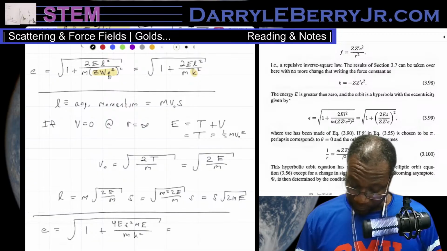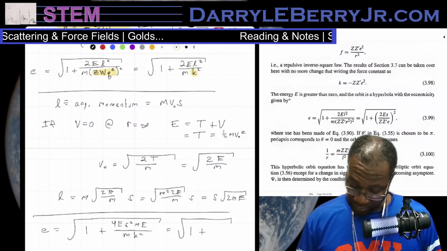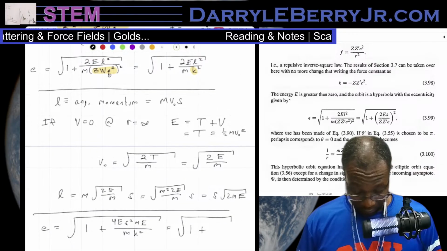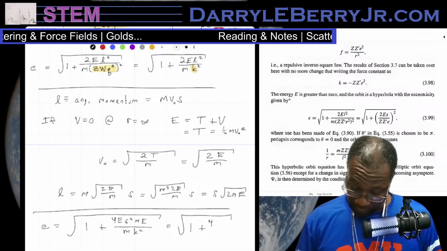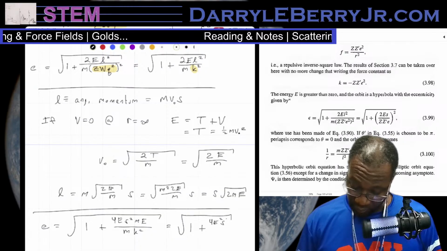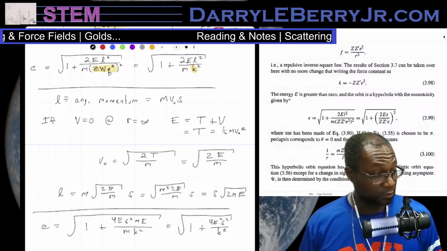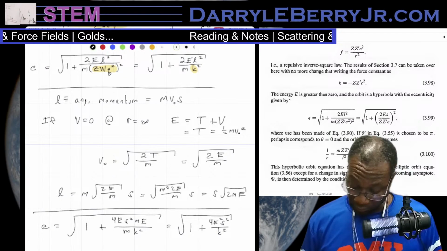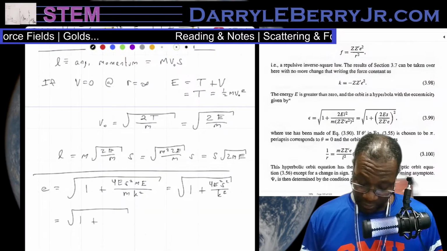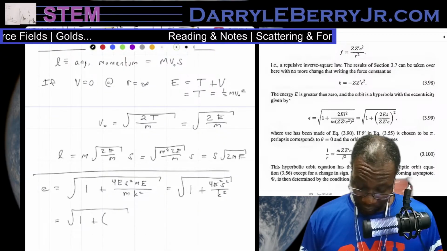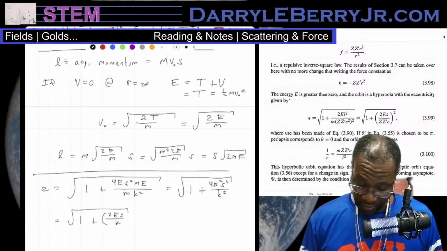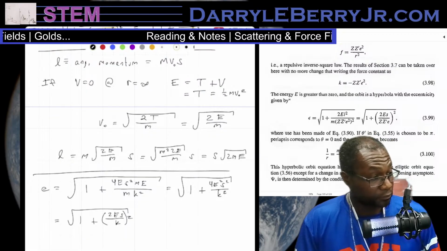So that equals square root of 1 plus 4 E squared s squared over k squared. So epsilon equals square root of 1 plus 2 E s over k, all squared.